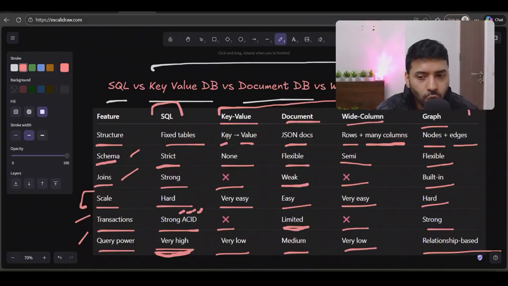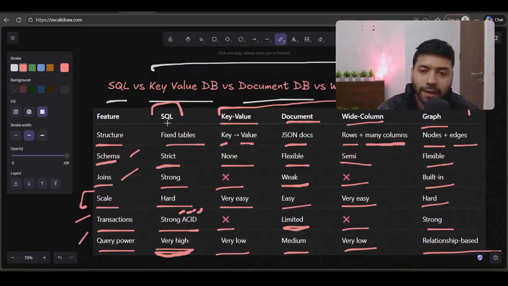NoSQL is not known for joins or for strong ACID support, because it is designed that way. It is solving different kinds of issues, whereas SQL is providing different kinds of features, right? So you can clearly see both are different, and we also discussed each of the databases and how they are different.